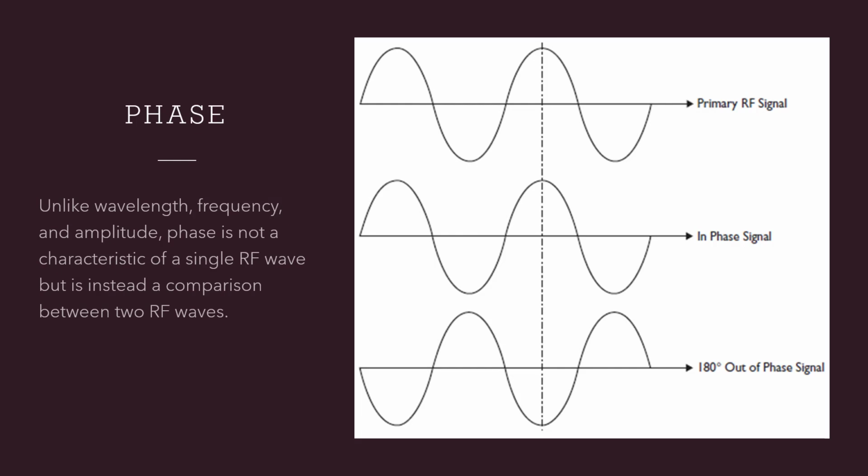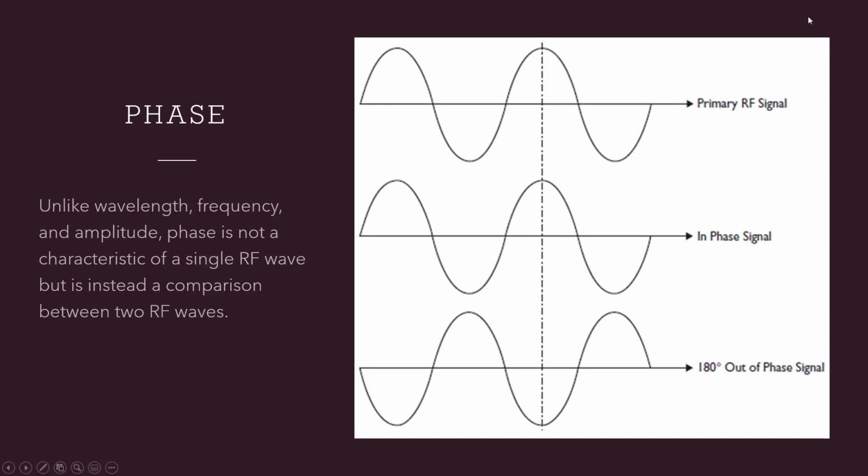When you are talking about phase, you need at least two waves. It is something like height: if you want to know who is taller or shorter, you need at least two people. Without that, you cannot talk about tall or short. In the same way, you need two signals to find out whether they are in phase or out of phase.